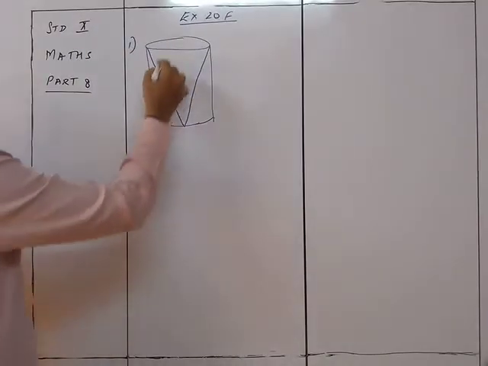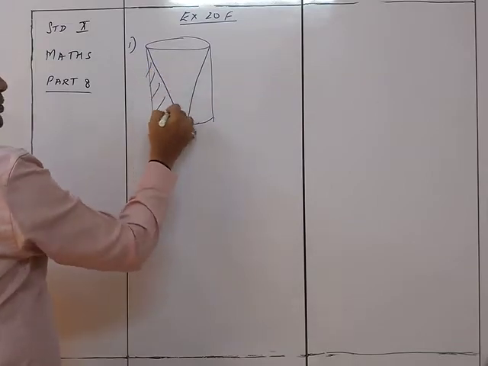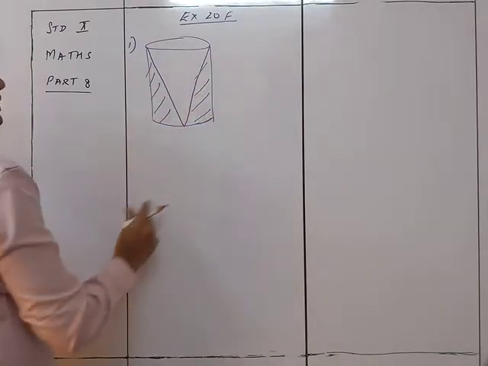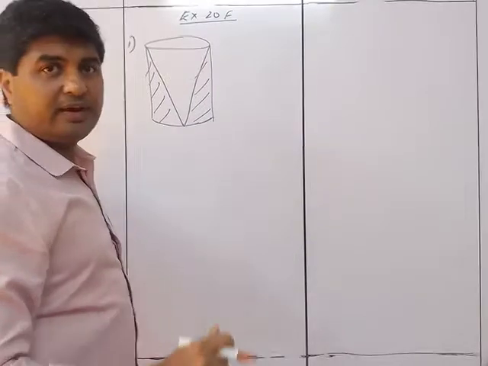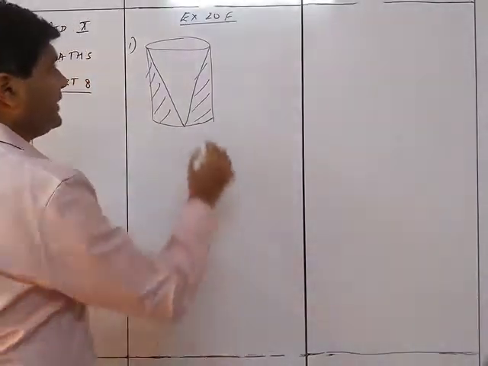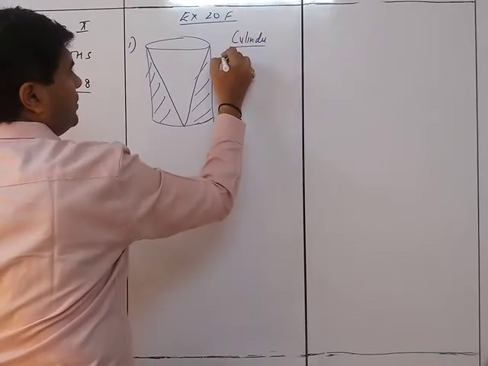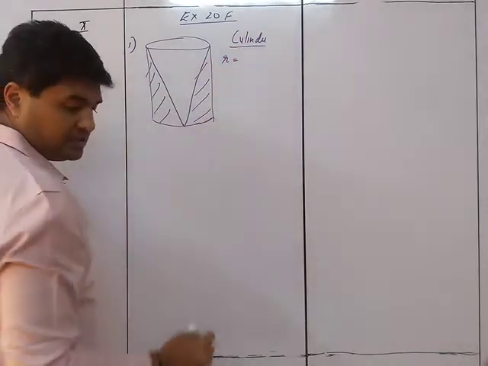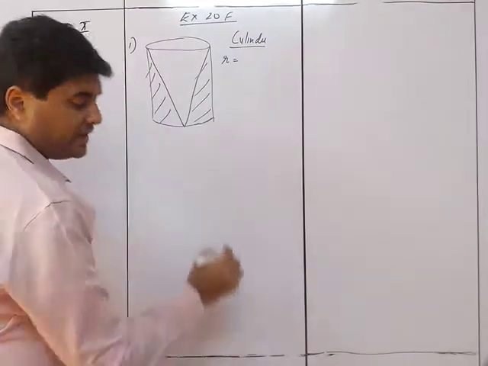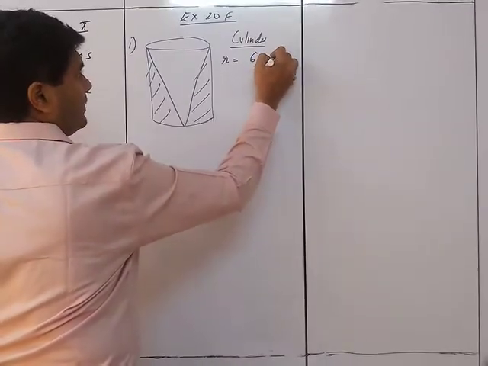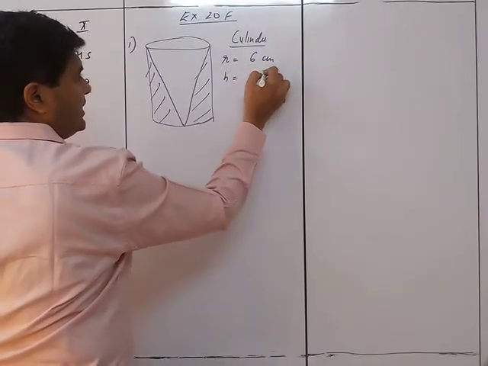This is a cone drilled out over here. They want to find out the volume of this shaded region, that is the remaining part. So here we have the data. For the cylinder, what data do we have? Radius is given as 6 cm base, and the height is equal to 10 centimeters.